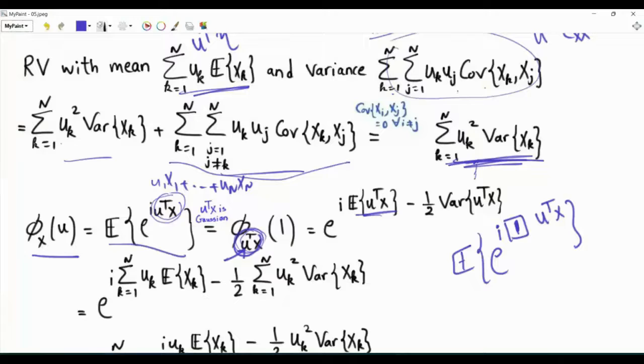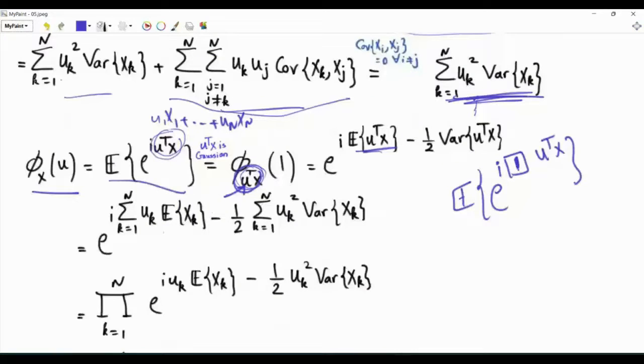We don't have a double sum anymore because it is given that the random variables x1, x2, and so on, are pairwise uncorrelated. So this is the characteristic function that we have here.